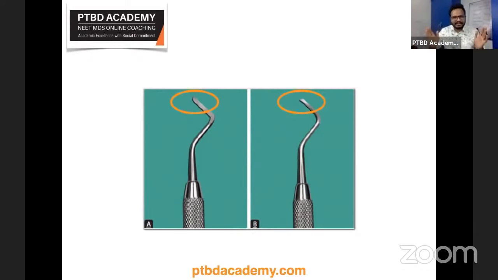Away from midline is distal, towards midline is mesial. You know that rule. So the left illustration represents distal GMT, and the right illustration represents mesial GMT. I know you often land in confusion, but write down this simple rule. You will never make a mistake in identifying these GMTs. I hope it's clear.